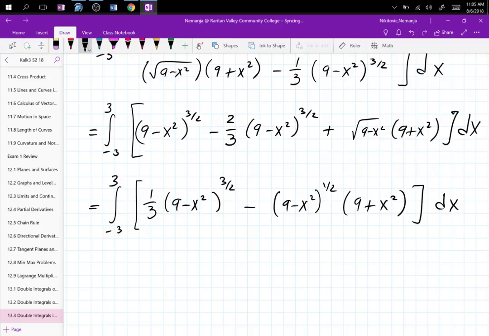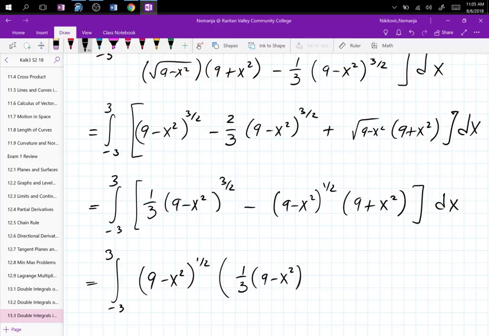Okay, so now I can factor out 9 minus x squared to the 1/2, and what's left is 1/3 times 9 minus x squared, minus 9, plus x squared. Okay, looking better.